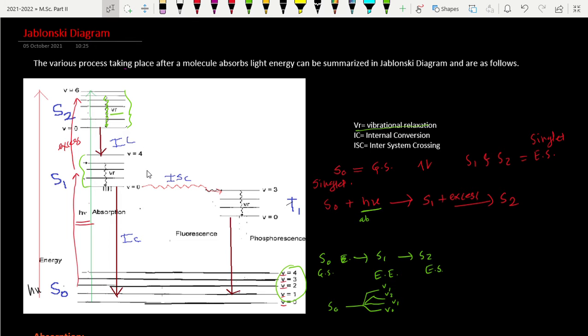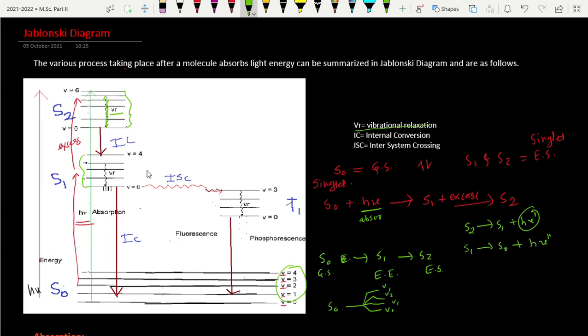When excited, the electron absorbs some amount of energy, and when it comes down from S2 to S1 it emits some energy, hν'. Similarly, when it comes from S1 to the ground state S0, it emits some energy.